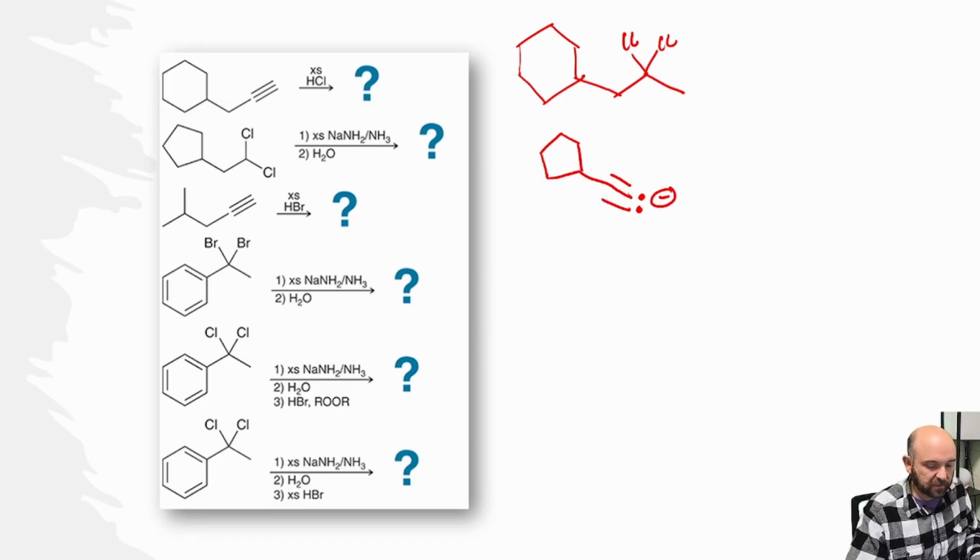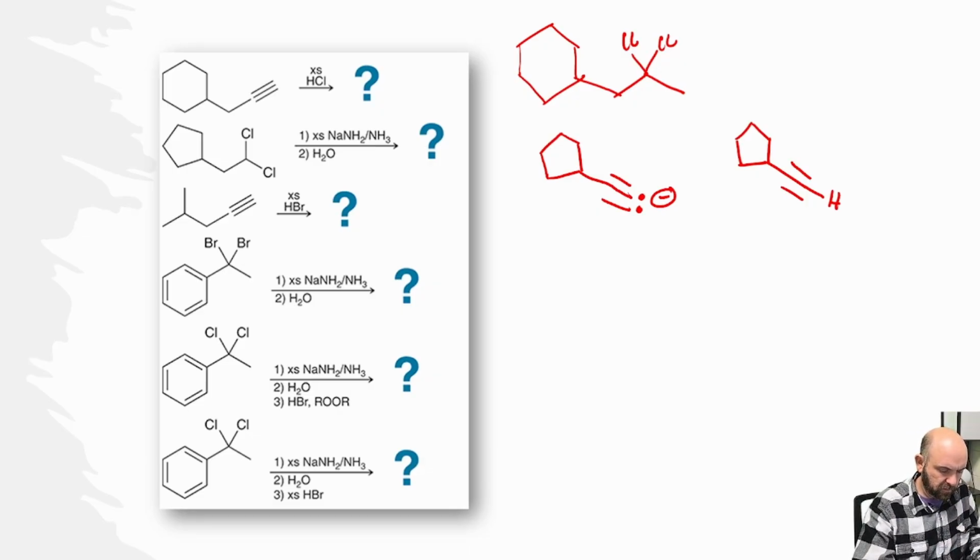But we do see that the second step is a workup with water, and so that will give us eventually the neutral alkyne product with a hydrogen on the end there. In the third example, again, excess HBr is going to add in a Markovnikov fashion to give us a dibromo product.